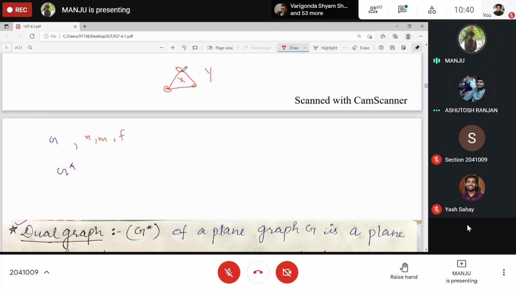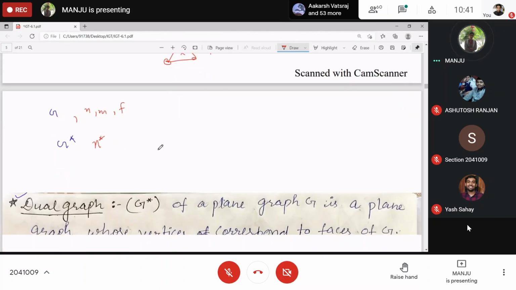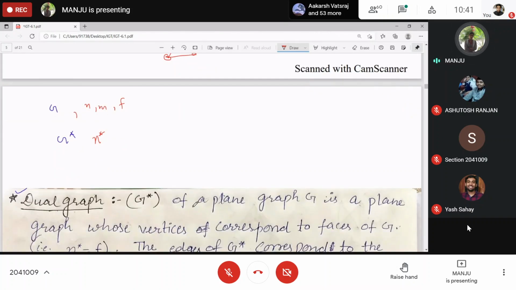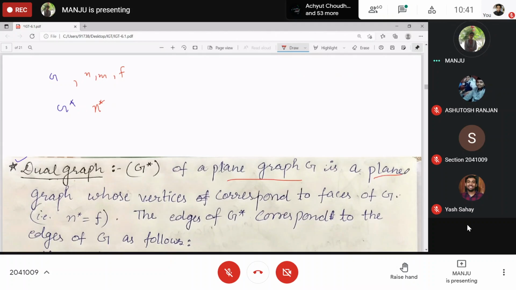These are edges, vertices. So n, m, and f: f denotes the number of faces, m the number of edges, n the number of vertices. Corresponding to this there will be n star, m star, and f star. While drawing G star, these faces will become the vertices. The dual of a plane graph is again a plane graph whose vertices correspond to the faces of G. So n star will be equal to f.